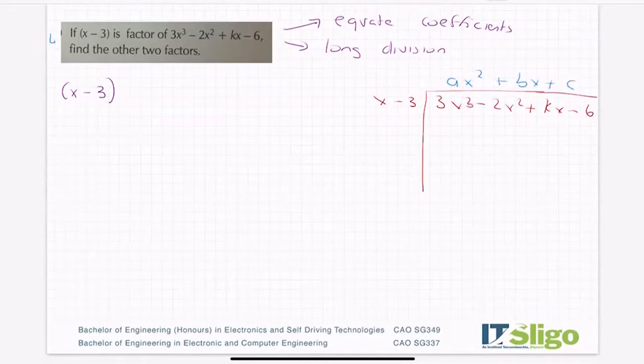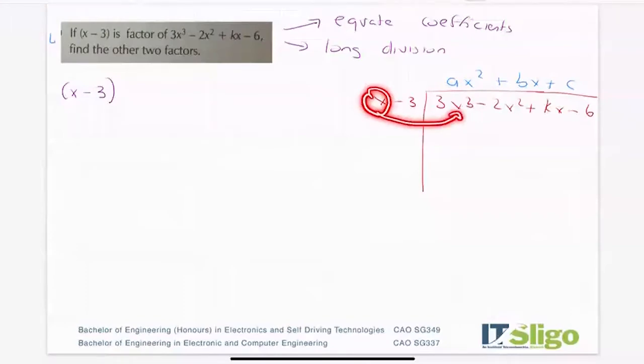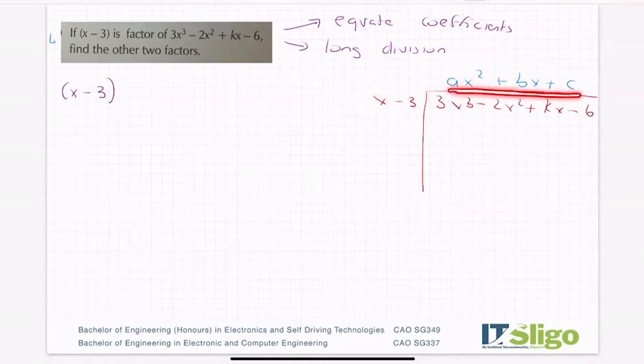Okay, or I would have if I had that cubic. So it does require you to know that when you divide an x into an x cubed, you're going to get an x squared. So you're going to get a quadratic up here, and in that quadratic are the other two factors. Okay, and if anybody wants me to do any of those type questions where we solve cubic equations, just let me know.